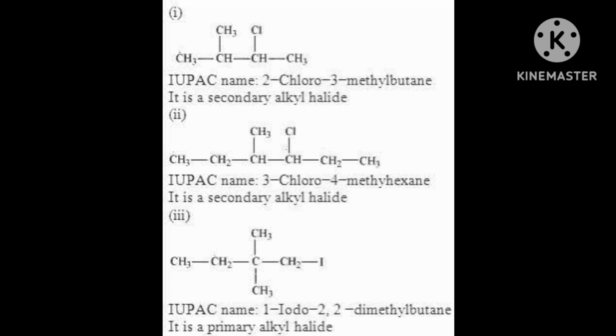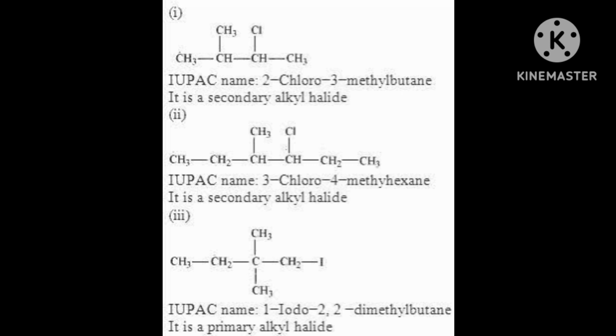Then its nomenclature will be the same way, only the numbering will change. Again you have to write the carbon numbering from the double bond. You start numbering from the double bond. Then 1, 2, 3. At carbon 3 bromine is there.